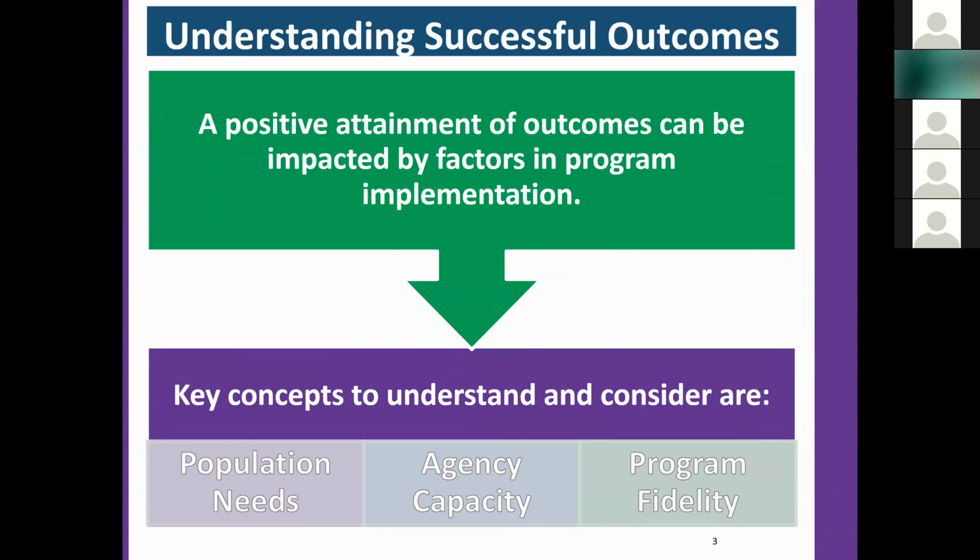Population needs, which we covered in depth last time, as well as agency capacity. I had some of you request the worksheet that I have around agency capacity, so I hope you found that useful. And then program fidelity, which we just barely brushed the surface on when we talked last time. And so that's the piece for this particular call that we're going to spend the majority of our time.